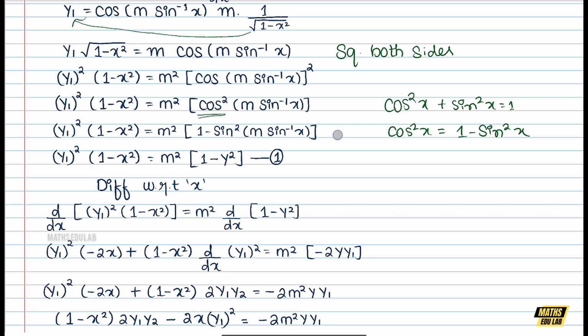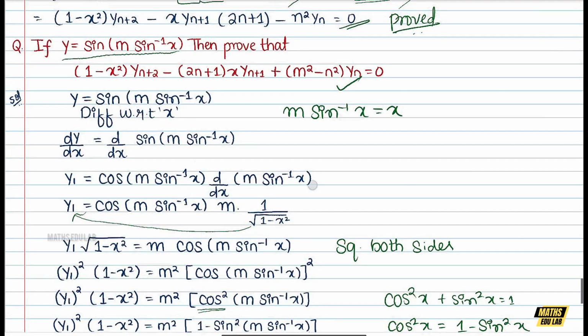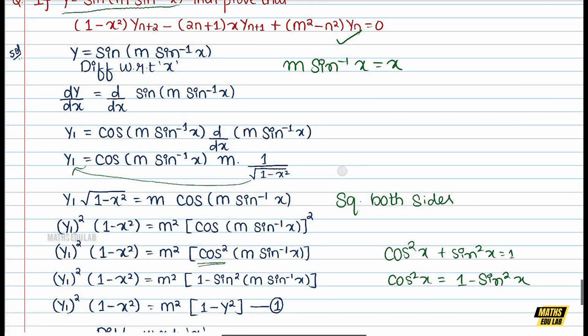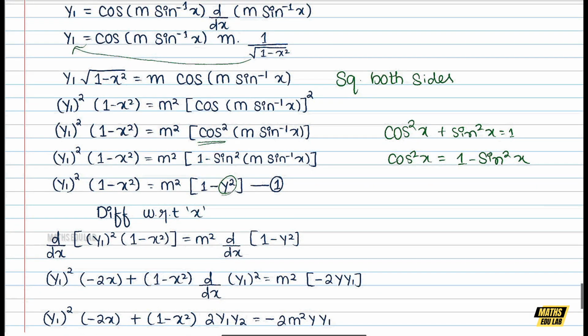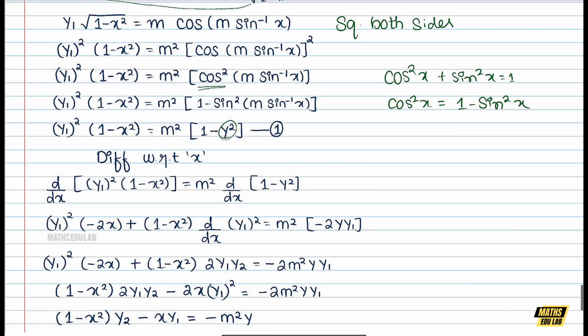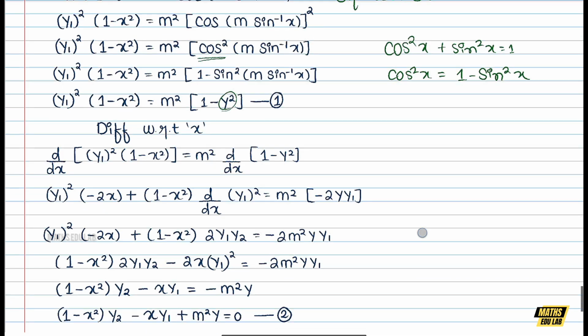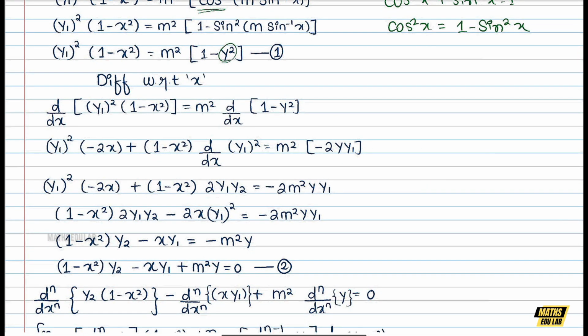Then in the question the y value is given as y is equal to sine m sine inverse of x. So here it is sine square m sine inverse x, so I have taken the value as y square. So this will be our first equation. By using this equation, we will do the derivative and we will get the proved value.